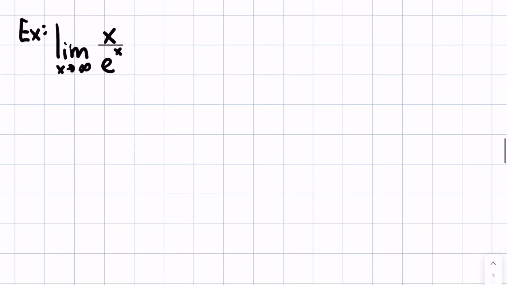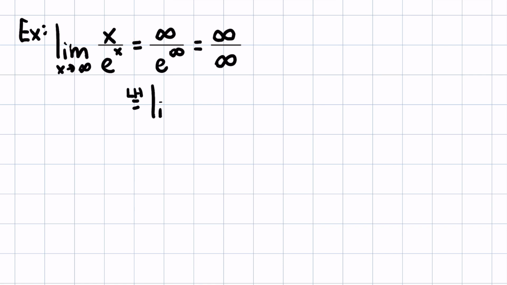Now we're going to look at the infinity over infinity case. So if we sub in infinity here, we have infinity over e to the infinity. Now e to the infinity is infinity. If you look at the graph of the function e to the x, this will become clear. But this means that this is the infinity over infinity case. Now, that means that we can L'Hopital.